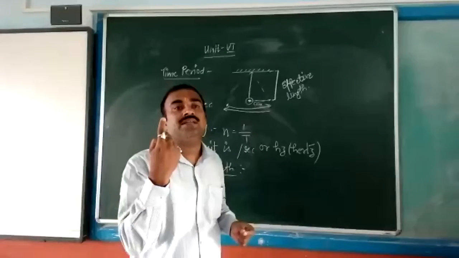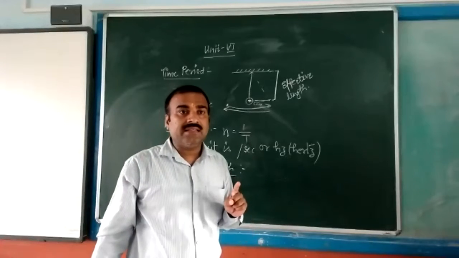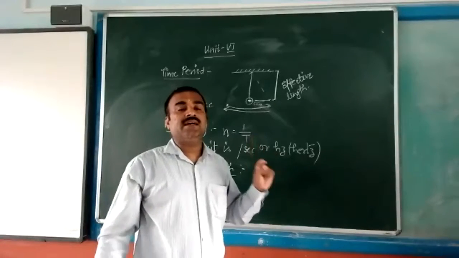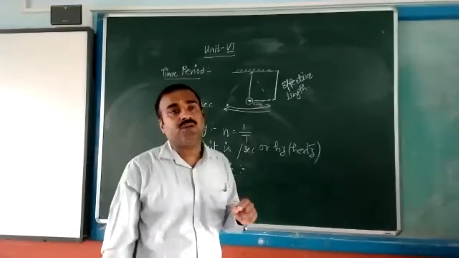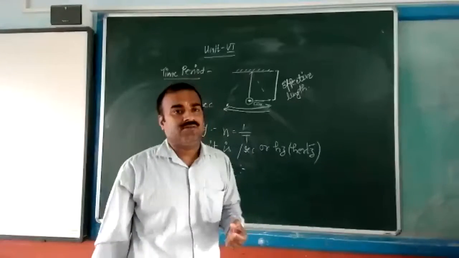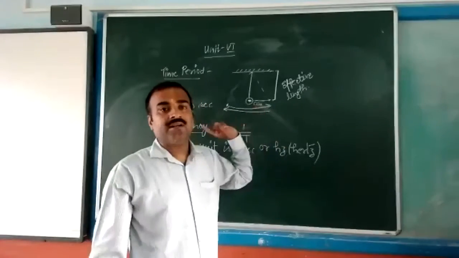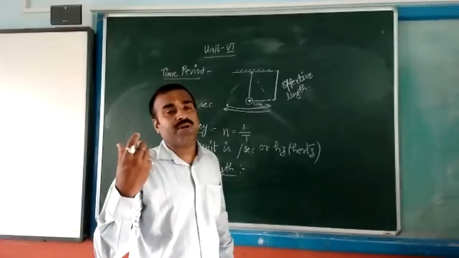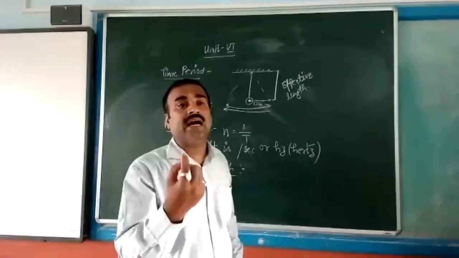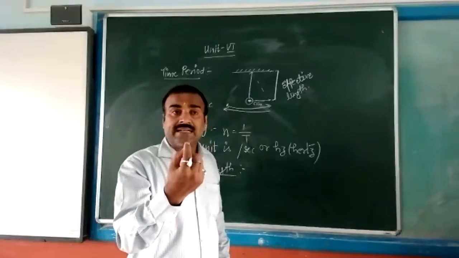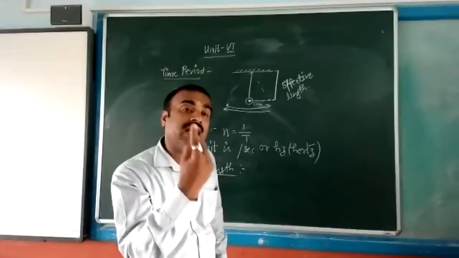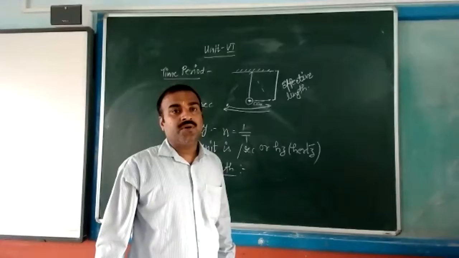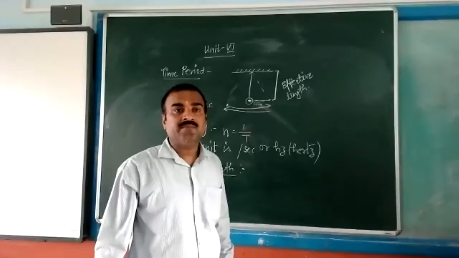Right, Nandini? Clear? Center of gravity in full detail you will get in higher classes, but here you must know why it is called center of gravity: once any body is suspended freely and the entire weight acts downward on that particular point, that is called center of gravity.